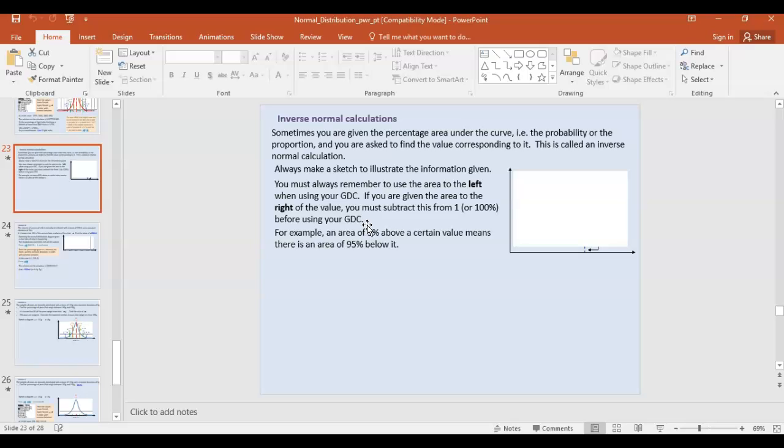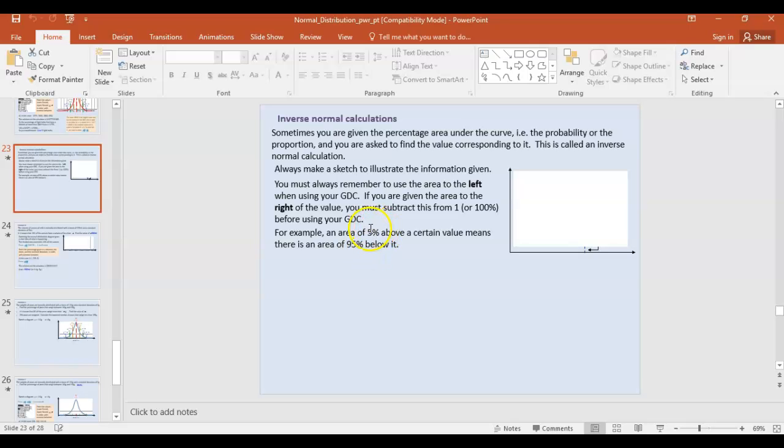In other words, if they give you some information that references 5% to the right of x, well, if there's 5% to the right, how much is to the left? Because remember, this has to total 100%. So if there's 5% to the right, that means there's 95% to the left. They both refer to the same x value. There's just two different ways of describing it.